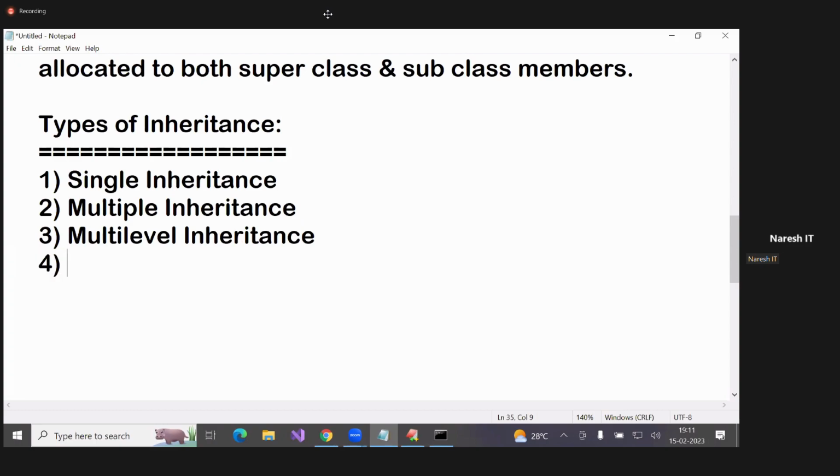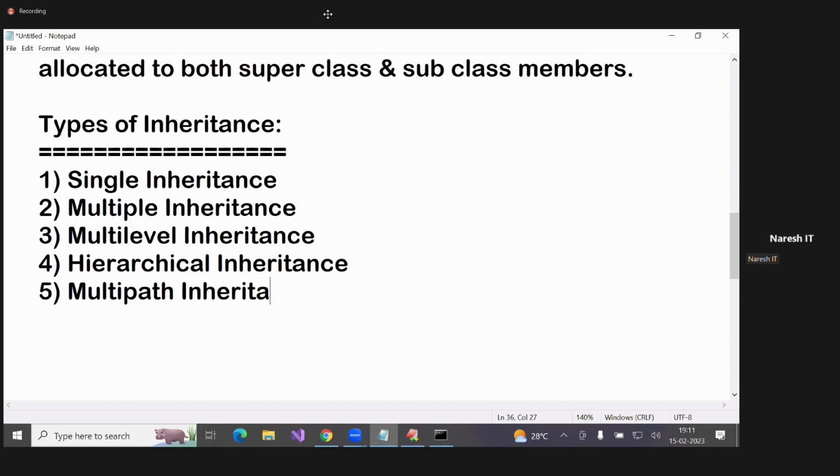Fourth one, hierarchical inheritance. Fifth one, multi-path inheritance. Sixth one, hybrid inheritance. Six types of inheritance.